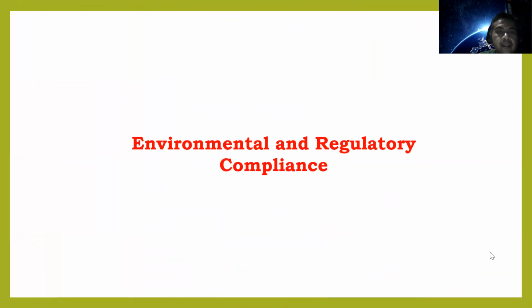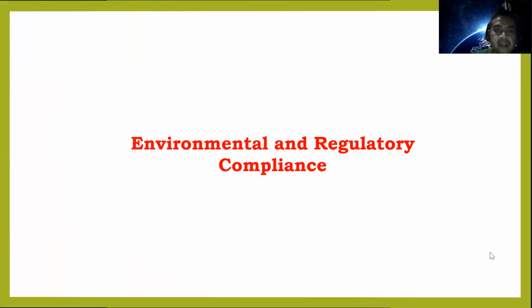Now, we have the environmental and regulatory compliance section. This is the ninth part of the business plan. It must articulate the laws, the rules, and regulations governing the business and the industry that the enterprise is in.